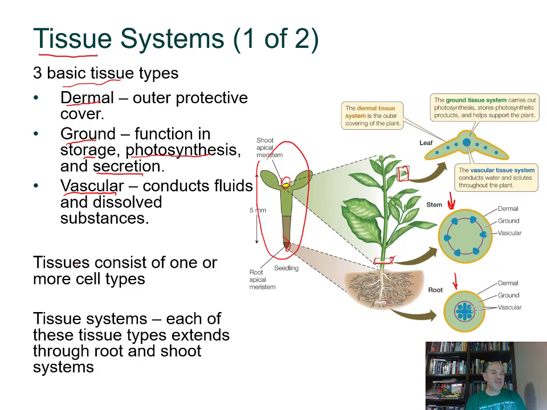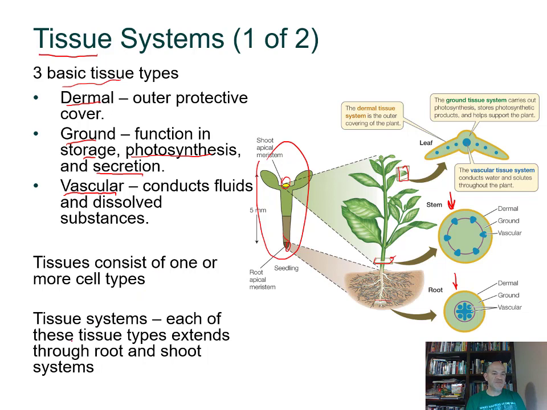Now within a tissue, such as vascular tissue, there's going to be more than one cell type. For example, the xylem itself, depending on the kind of plant, is going to have at least two different cell types associated with it, and more, and phloem as well.